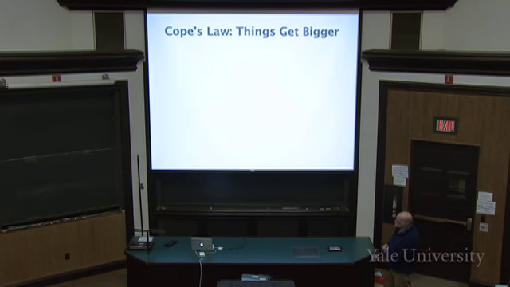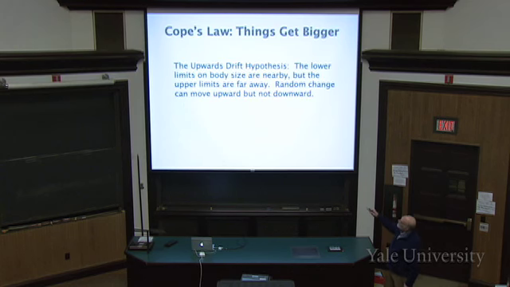The other major take-home message that I've already signaled is Cope's law. And again, there are two options here. One is that the reason that we see bigger things is that there's just been neutral evolution. Adaptive radiations have been creating little things and big things, but there was more room on the upper end than there was on the lower end.